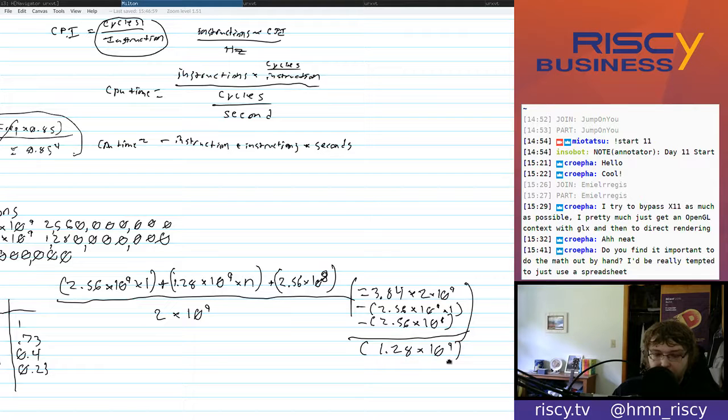Minus 2.56 times 10 to the 8th. And then we need to wrap all that in parentheses. Divided by 1.28 times 10 to the 9th.